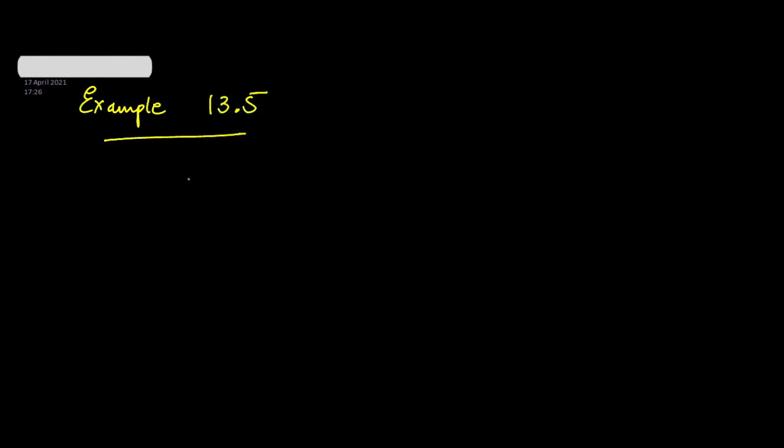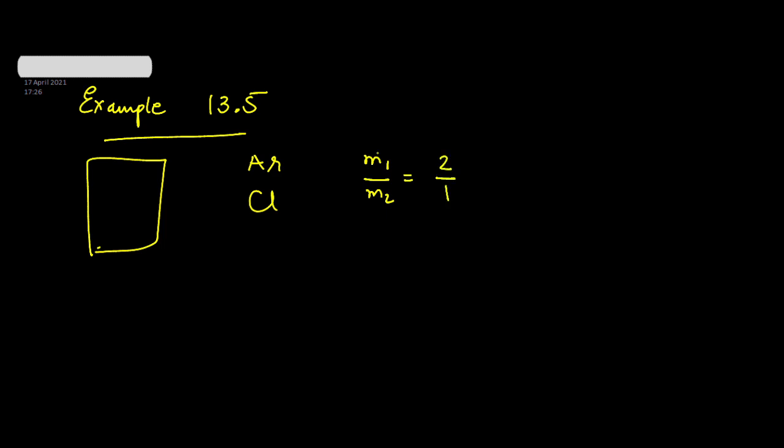Okay. So the question is, a flask contains argon and chlorine. So inside a flask, whatever shape, no problem, contains argon and chlorine, both the gases, in ratio 2:1 by mass. Then m1 upon m2 is 2:1. So 1 is argon for us and 2 is chlorine.